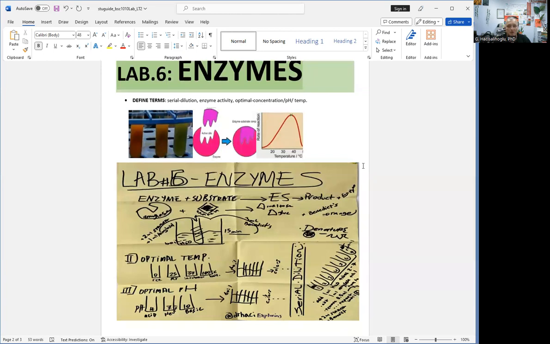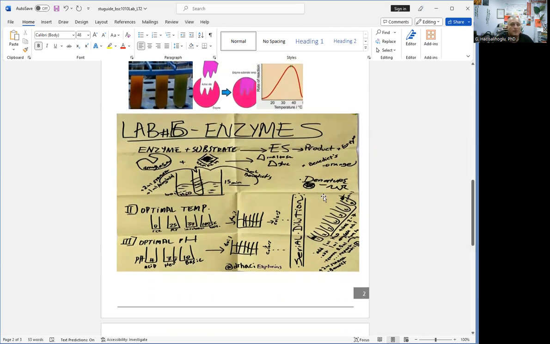We can measure this by using Benedict's solution. The positive color change is orange, but we need to heat the test tubes to see this color change. We tried 3 different experiments: optimal concentration, optimal temperature, and optimal pH. So look at your results.